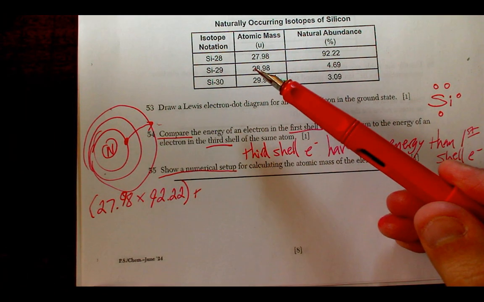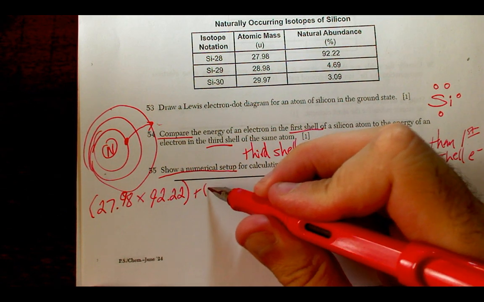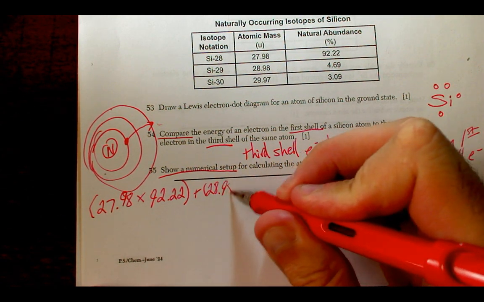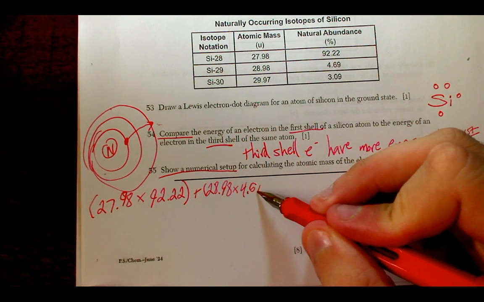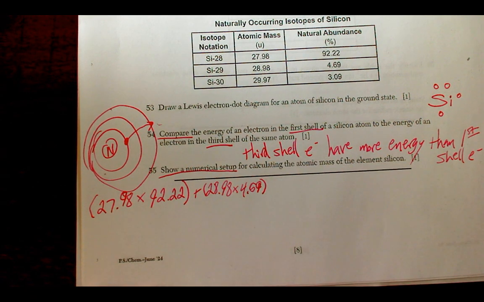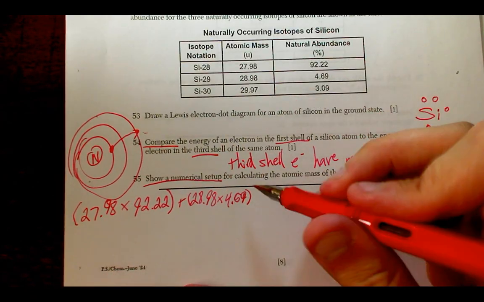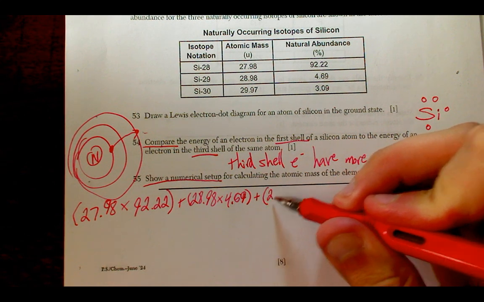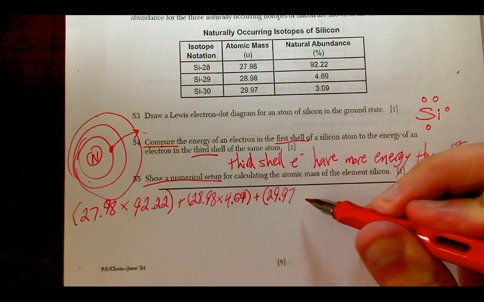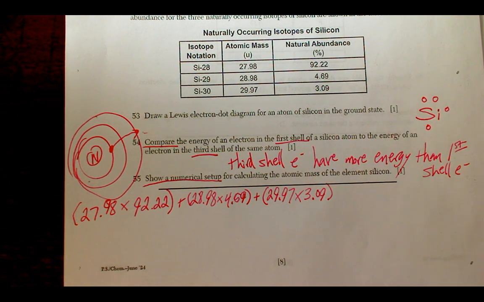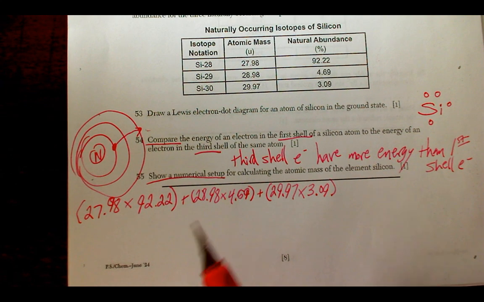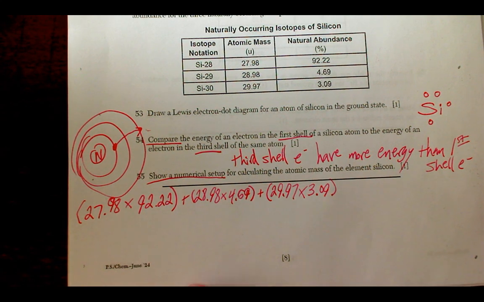I'm going to do 28.98 times its percentage, 4.69. And I'm going to do the next one, plus 29.97 times its percentage, 3.09. All right, close parentheses. So you've got the mass times the percentage for every one of them.